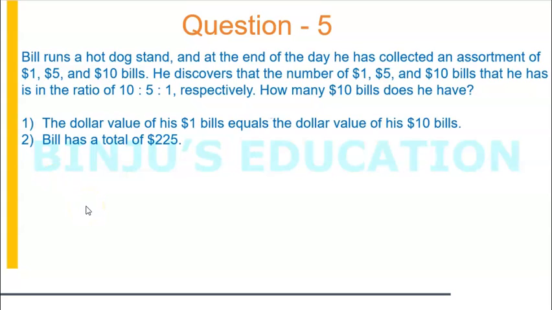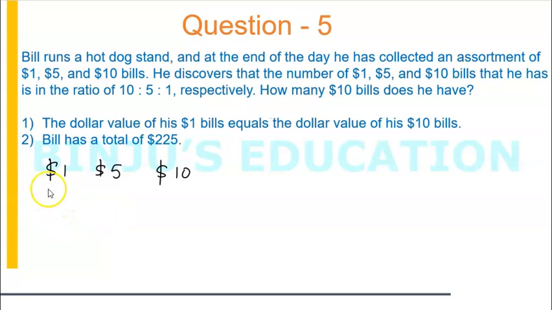Bill runs a hot dog stand, and at the end of the day he has collected an assortment of $1, $5, and $10 bills. He discovers that the number of $1, $5, and $10 bills that he has is in the ratio 10:5:1.